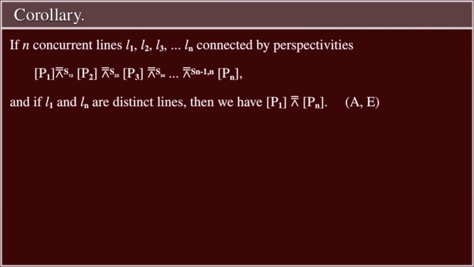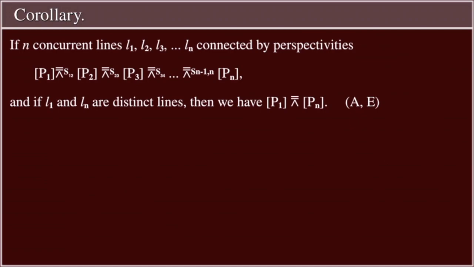Corollary: if n concurrent lines L1, L2, L3, ..., Ln are connected by perspectivities, the range P1 is perspective with center S12 to the range P2, is perspective with center S23 to the range P3, is perspective with center S34, ..., is perspective with center S(n-1)n to the range Pn. And if L1 and Ln are distinct lines, then we have the range P1 perspective with the range Pn.